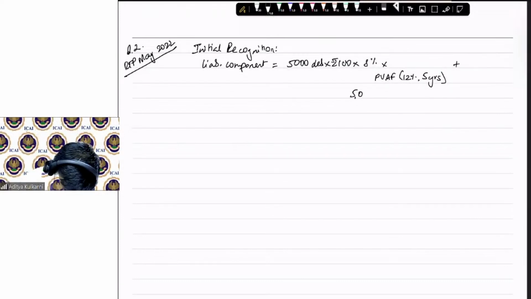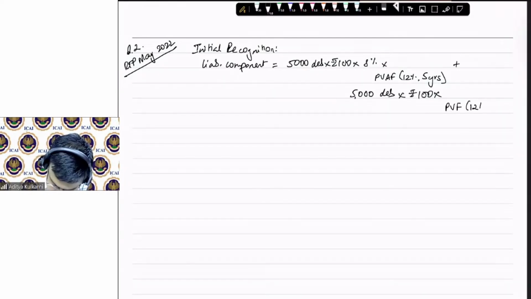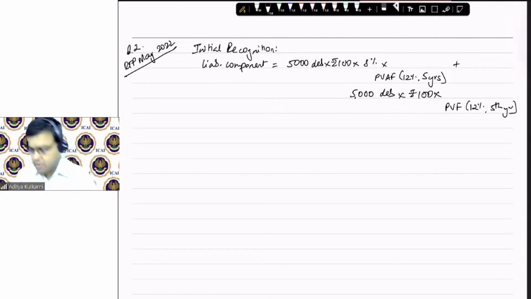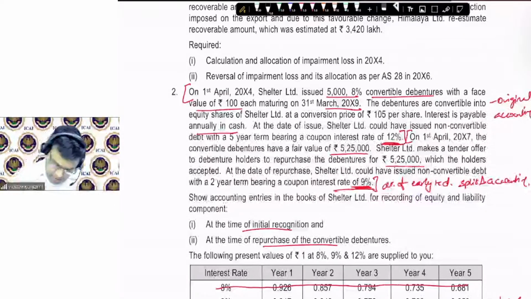So 5,000 debentures into rupees 100 into present value factor 12% 5th year. This is what should be your calculations. Now there are many who ask, sir, we are having a value of 100 each.